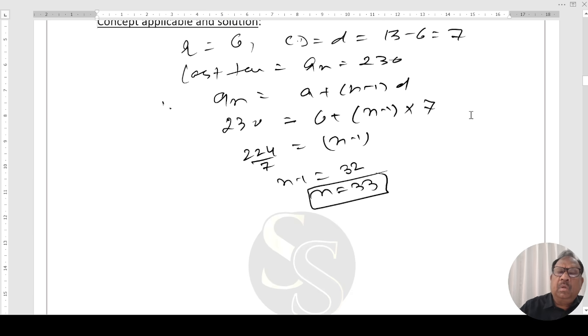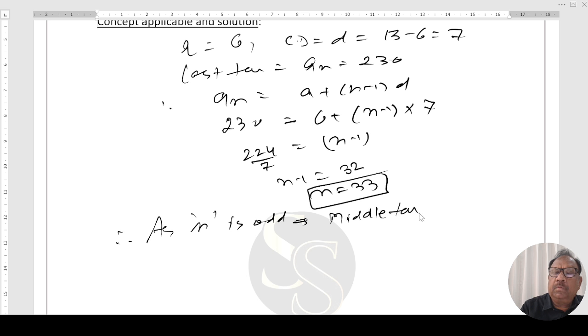Now, as n is odd, the middle term will be 33 plus 1 by 2th term, that is the 17th term.